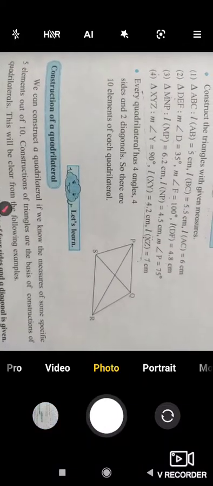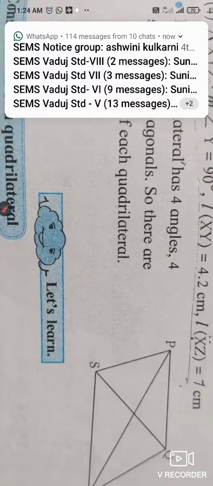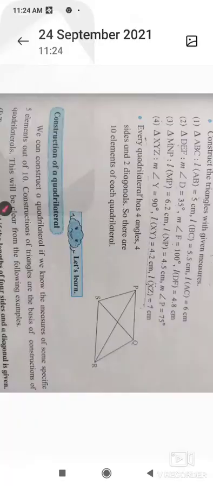Every quadrilateral has 4 angles. Every quadrilateral has how many angles? 4 angles. And 4 sides, and 2 diagonals.